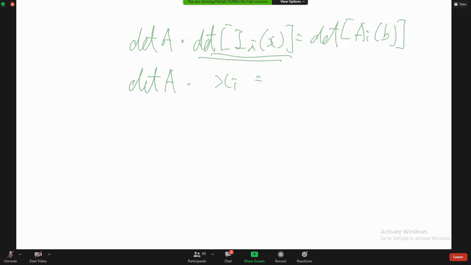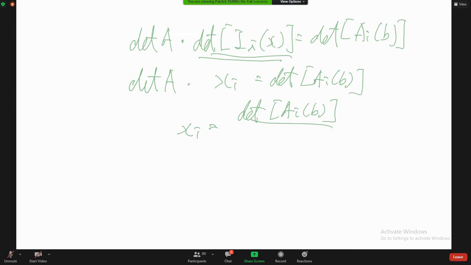And then we have the following result. When we rearrange the terms a bit, xi equals determinant A_i(b) divided by determinant A. And this is Cramer's rule.